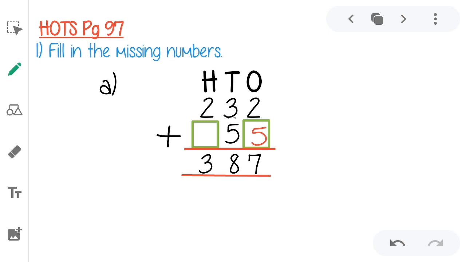Now adding the tens place, 3 plus 5 will give us 8 and adding the hundreds place, here we can see 2 plus dash is 3. So 2 plus which number will give us 3? 2 plus 1 will give us 3. So the digits that can be filled in the boxes are 1 and 5.